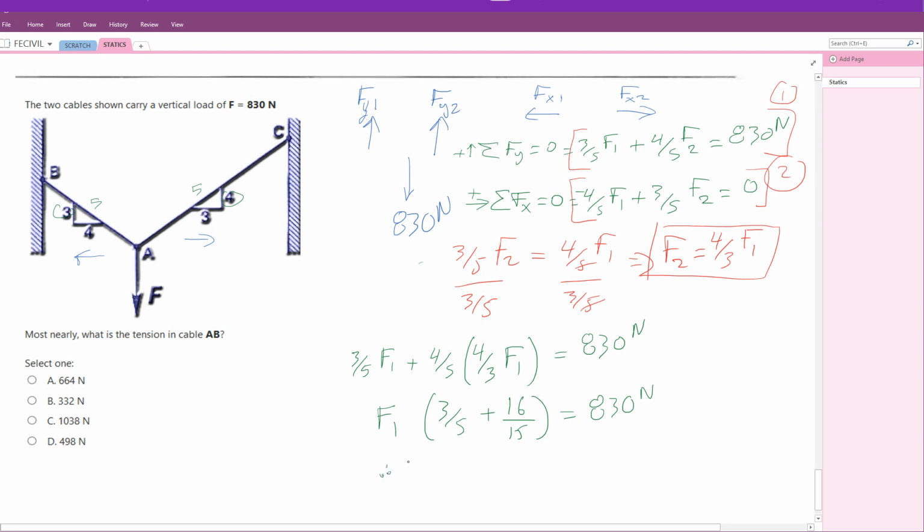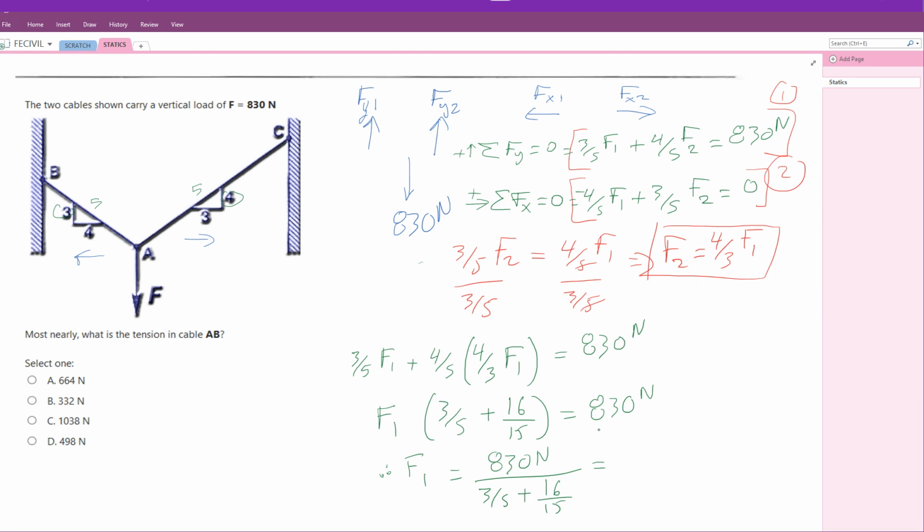Therefore F1 is equal to 830 newtons divided by 3 over 5 plus 16 over 15. You have a calculator, you can solve it, or I'm going to just calculate it real quick.